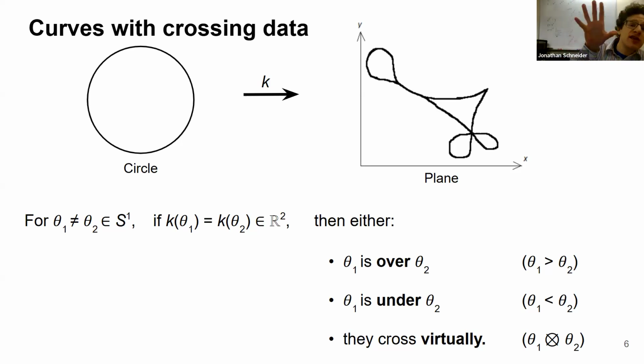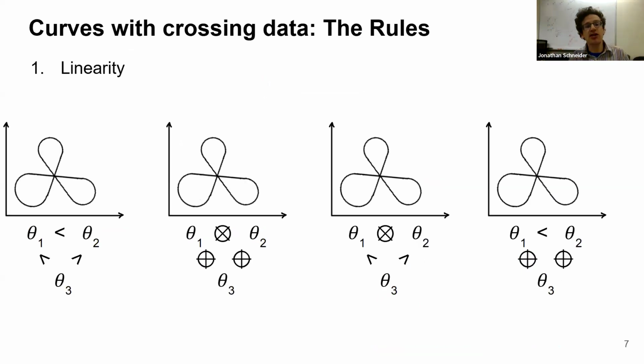We want this crossing data to lift back up to these toral surfaces that motivate us to consider this. We would like to apply crossing data in a way that is possible as the shadow of one of these toral surfaces. So there are rules about how to apply this crossing data, specifically 3 rules. Rule number 1, linearity.